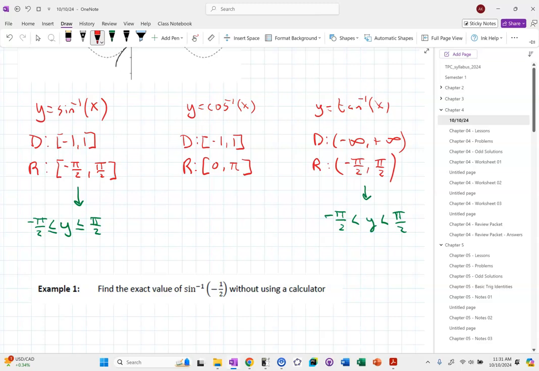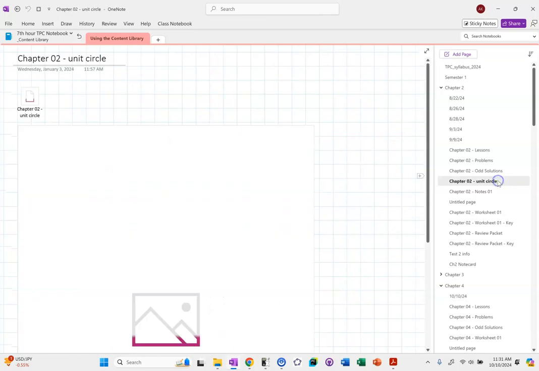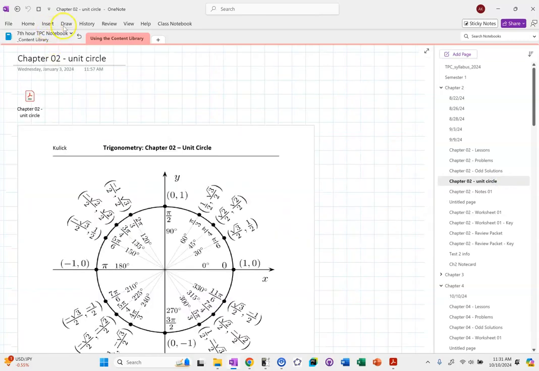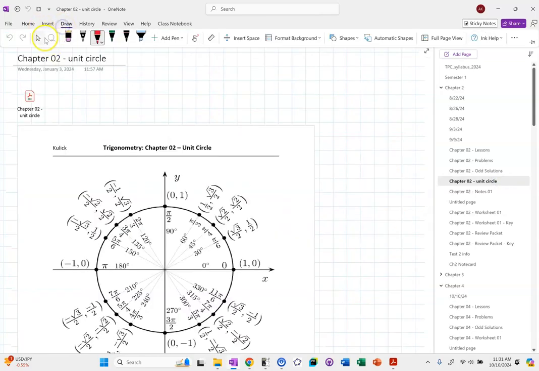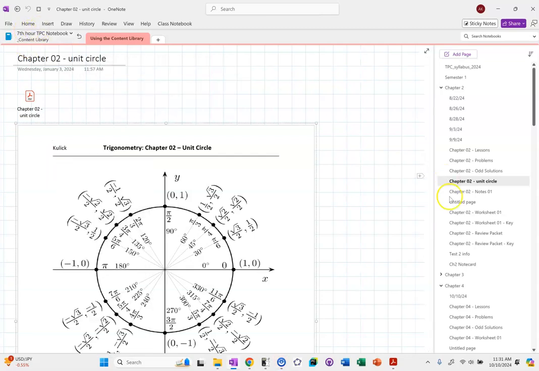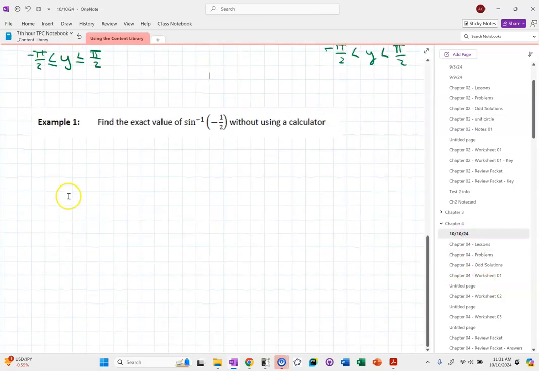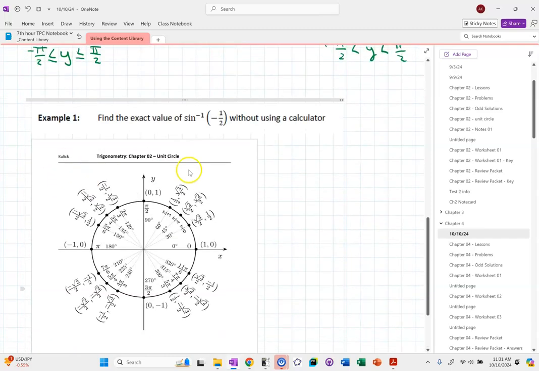As soon as you see exact value in trigonometry class, almost certainly we're talking about using the unit circle, particularly if it has a sine, cosine, or tangent in it. So I'm going to steal myself a copy of the unit circle and just drop that in there for us.